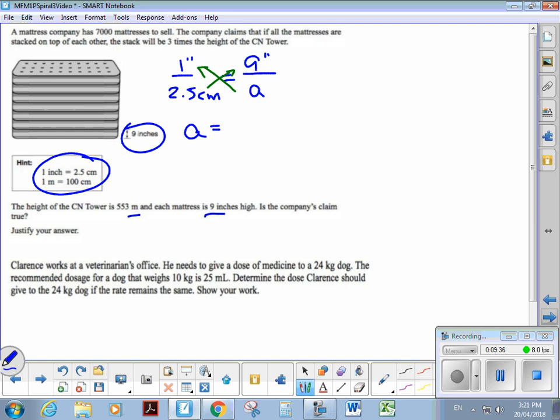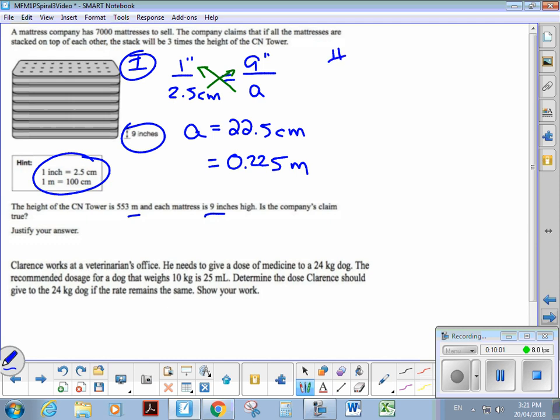So 22.5 centimeters. Let's convert that to meters. So 22.5 centimeters would be 0.225 meters. All right. Still 7,000 mattresses. So that's part one. That's actually the ratio and proportion part of this question, is to get inches into the meters.